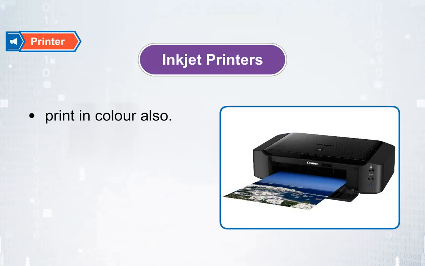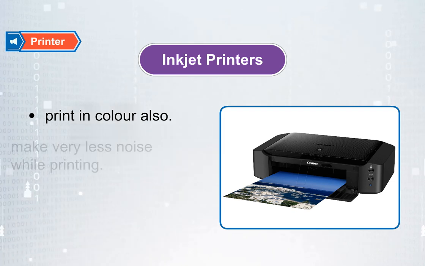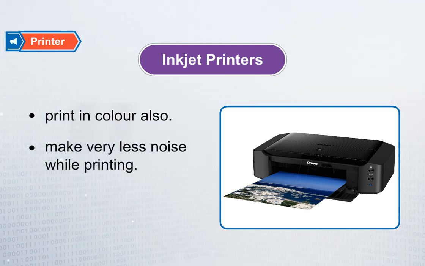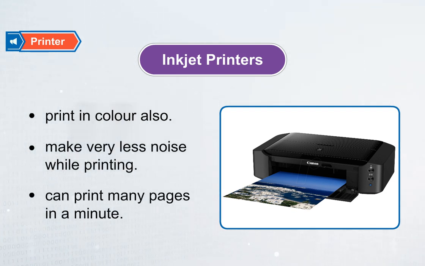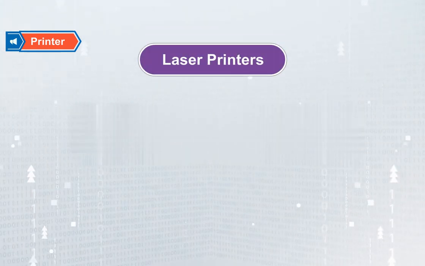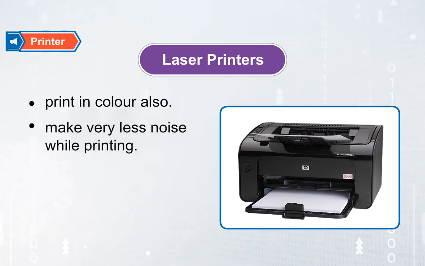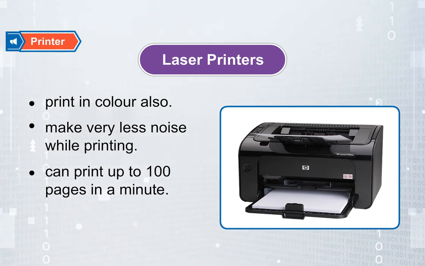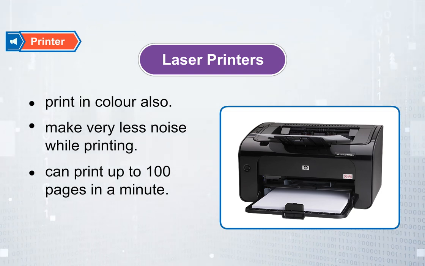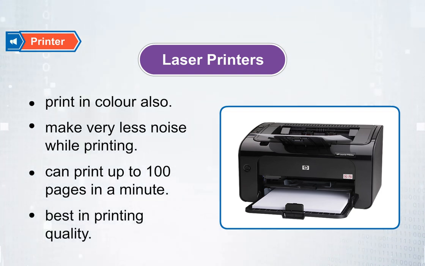Inkjet printers, print in color also, make very less noise while printing, can print many pages in a minute. Laser printers, print in color also, make very less noise while printing, can print up to 100 pages in a minute, best in printing quality.